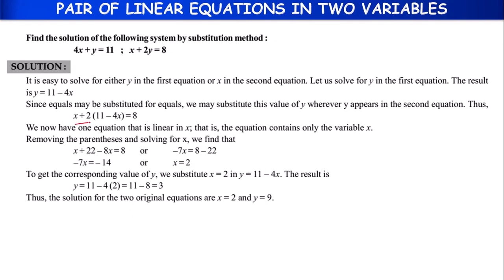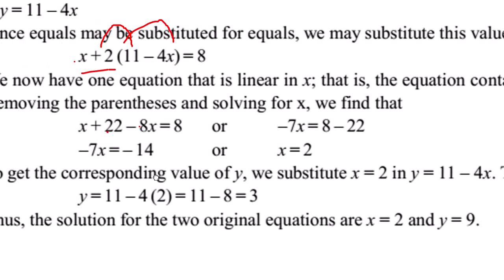If we multiply, x plus 2 into 11 is 22, 2 into 4x is 8x, equal to 8. So x minus 8x is equal to minus 7x. This 22 will go that side, 8 minus 22.